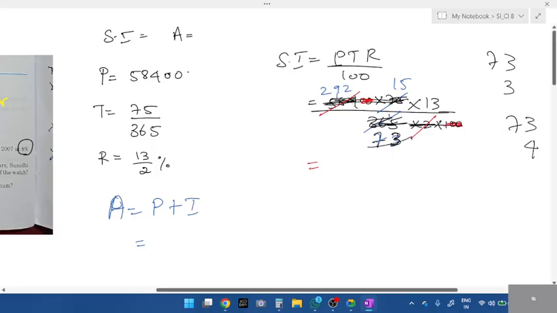Very good. 4 times. Now what are the values left? 4 into 15 into 30. Multiply this. But first multiply 4 into 15.